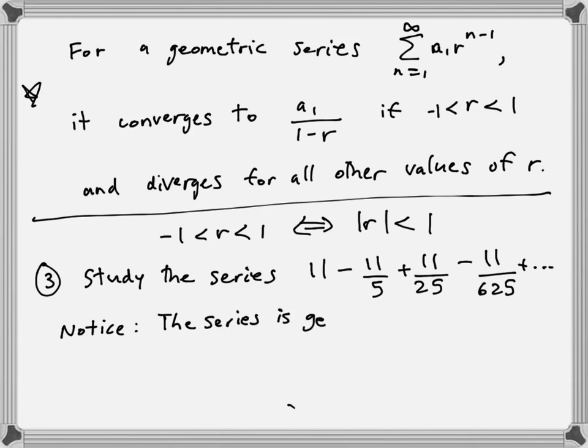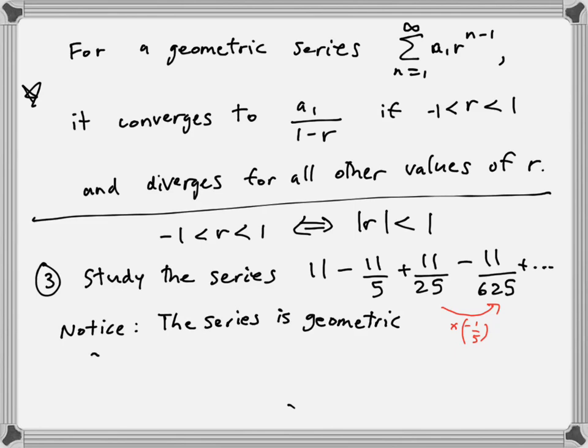How can we tell? Well, what do we need to multiply each term by to get to the next term? Do you notice that to get from here to here, for example, we're multiplying by -1/5? And that's actually true for all of these terms, okay? So the series is geometric.